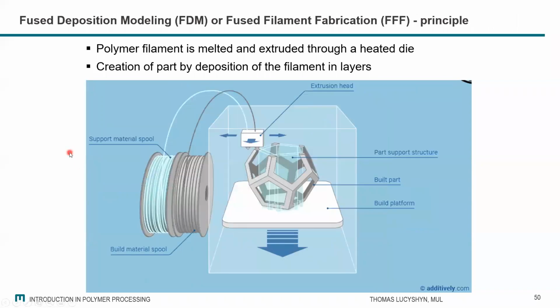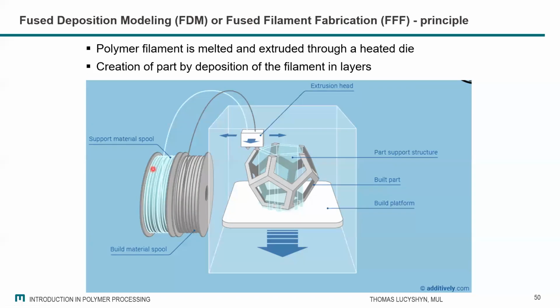And then finally, we come to the method which we are also mainly applying in our institute. It's fused deposition modeling, which is basically a brand name, or fused filament fabrication, which is the more general name of this principle. For that purpose, you first need to produce a filament with very tight tolerances in terms of roundness and dimensions.